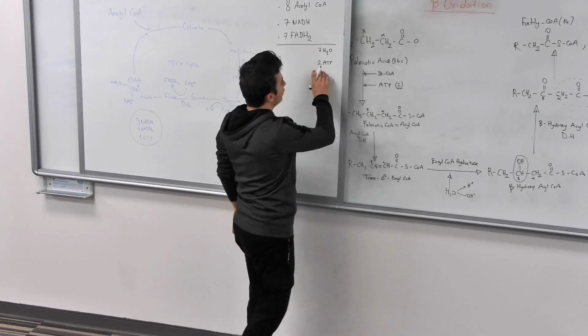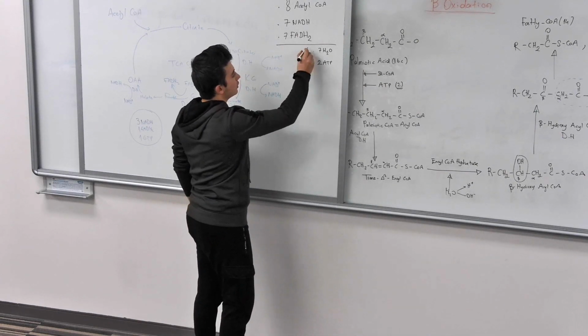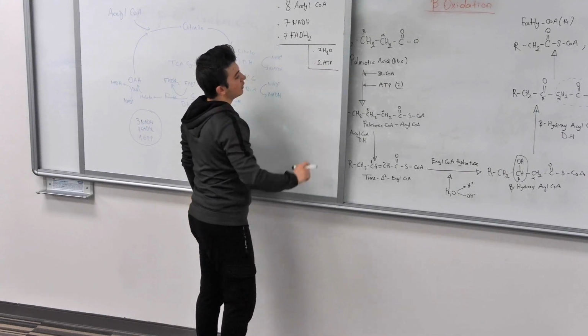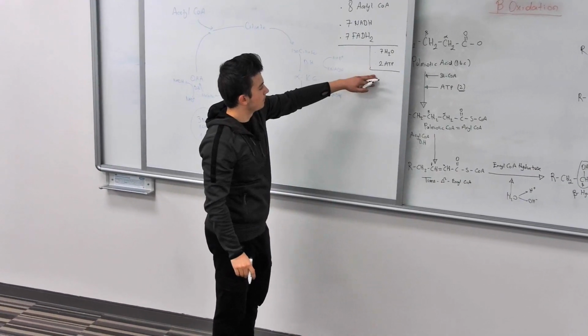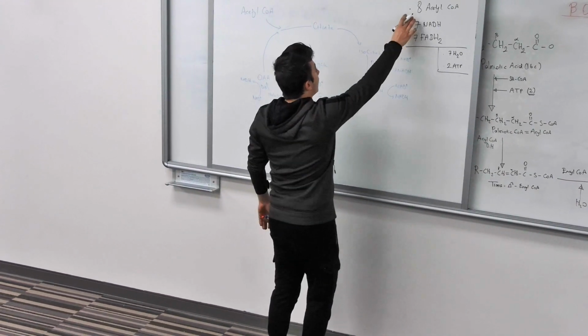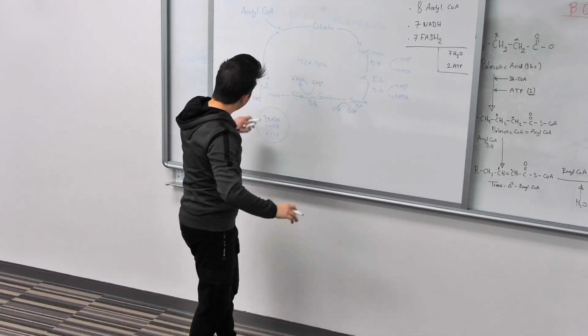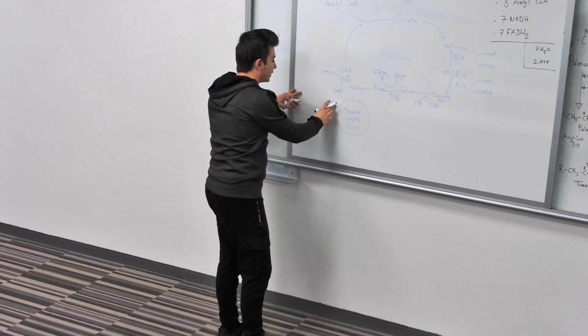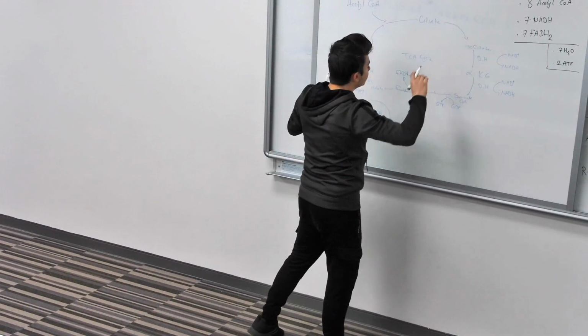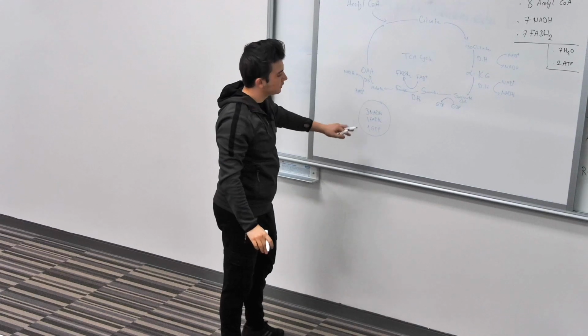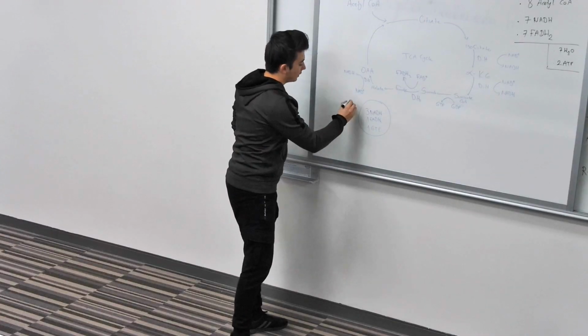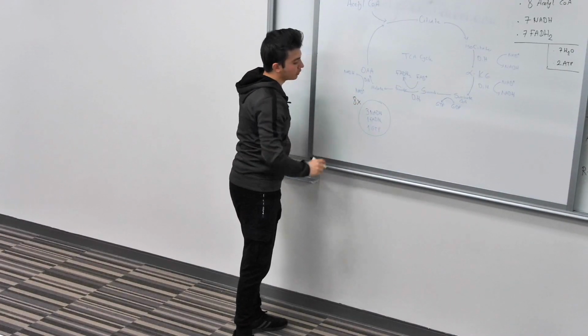So 2 ATP is used previously. Okay, good. But from one acetyl coenzyme A, I generated these molecules. But from 8 acetyl coenzyme A, how many molecules will I generate? Of course, 8 times more, right?